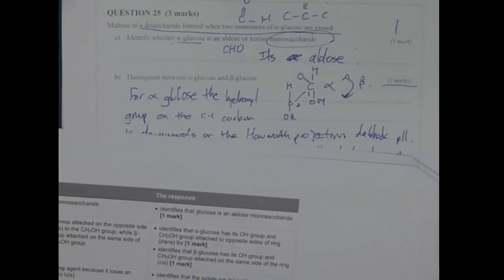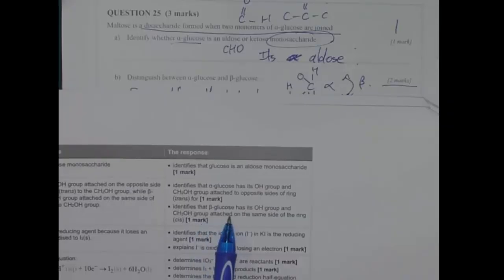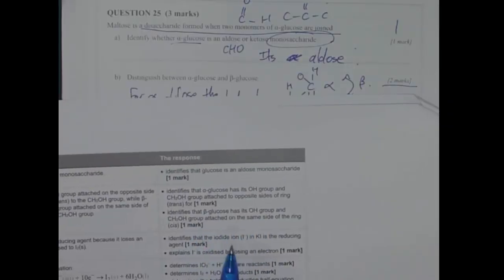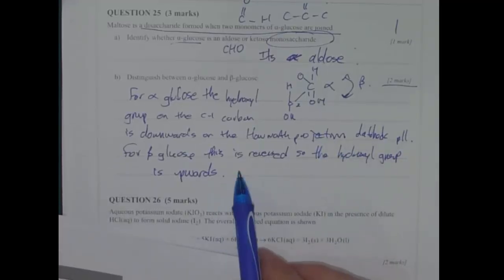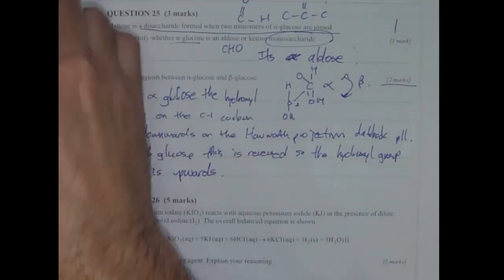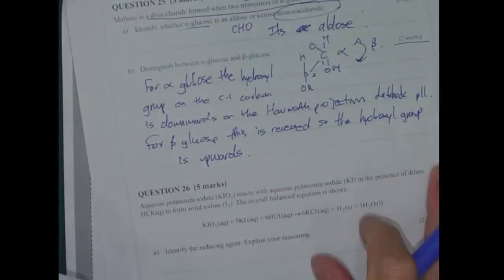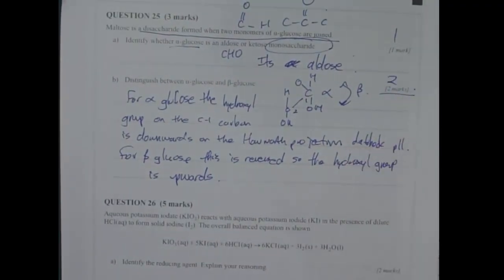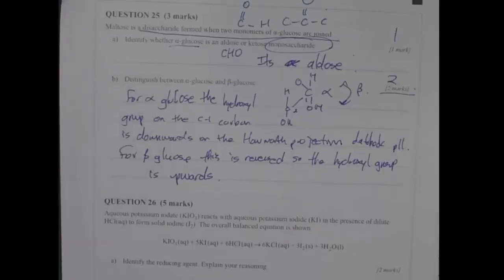It's just another way to say it. There's a million ways to say it. And for beta, it's on the same side. It's upwards, which is the same side as this other group. So I've said it on the C1 carbon. I've done it in the right places. Okay. So you have to get a mark for that. Such a silly question. I don't even want to deal with it.